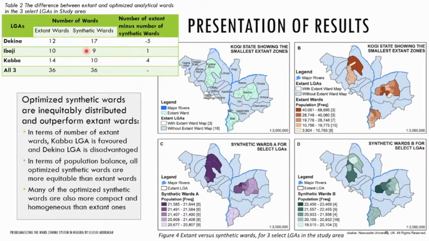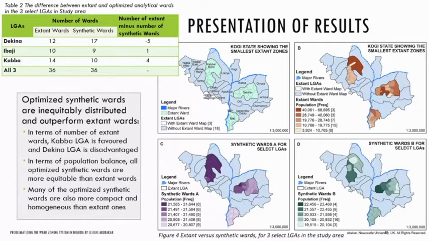So what that means is currently Dekina tends to have fewer wards than it ought to have. Ibaji has 1 more ward than it's supposed to have, and Kabba benefits the most from the system. So overall, I'm suggesting that the current system is suboptimal and inequitable, and there are far-reaching effects of that, which I will talk about later.